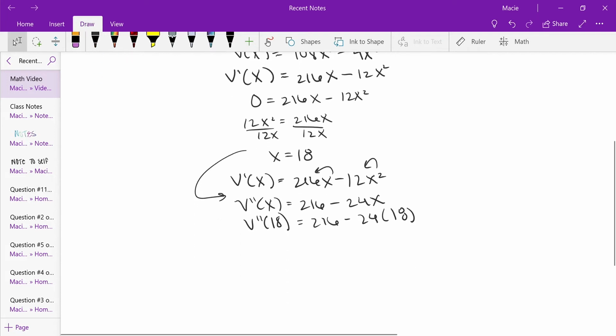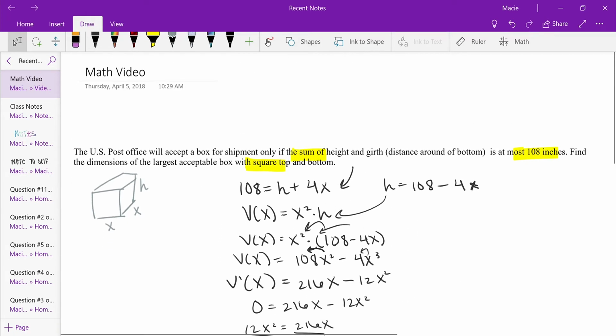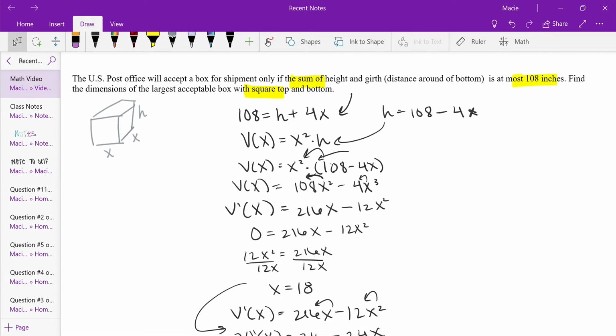We find that 216 minus 432 is equal to negative 216, which is less than 0, which means that the value 18 is a maximum for the original function, v equals x squared times 108 minus 4x. We learned that 18 is the value we need in order to find the maximum acceptable dimensions for the box, because it's largest, which means maximum.